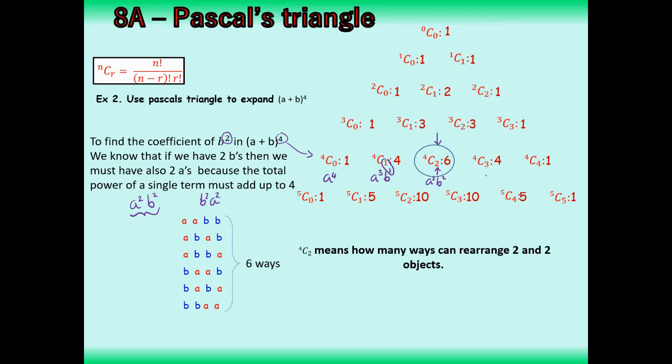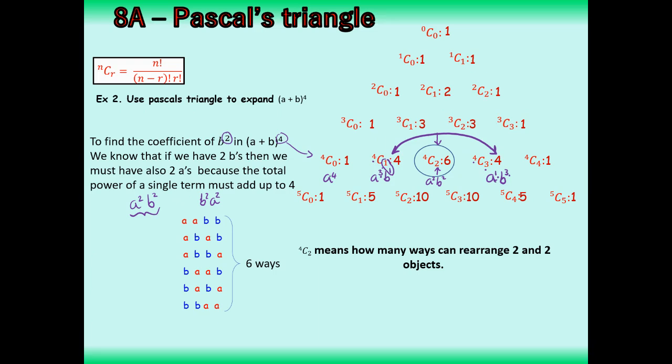One thing you notice is this 4 is the same as that 4, and 4 choose 3 is the same as 4 choose 1, because the number in front of a to the power of 1 b cubed is the same as the number in front of a cubed b to the power of 1. So notice the symmetry here as well.